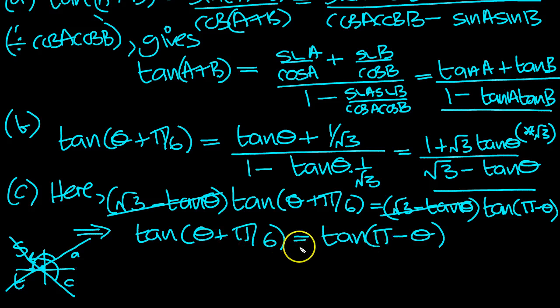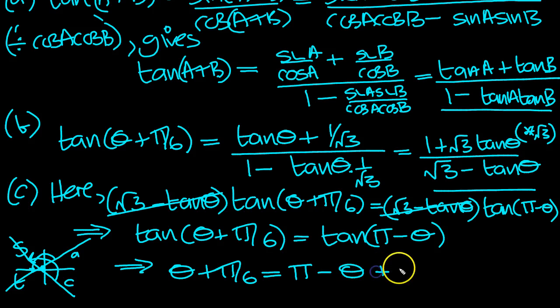So these two angles, because they have the same tangents, will just simply differ by any multiple of pi. So that implies then that theta plus pi over 6 is equal to pi minus theta plus n pi, where n could equal 0, it could equal plus or minus 1, plus or minus 2, and so on.